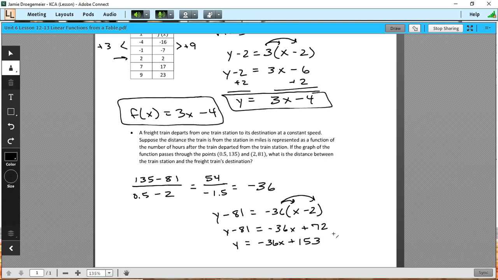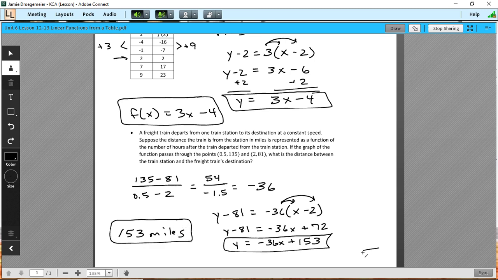And so this is the slope-intercept form, and that means that 153 is the y-intercept. So when x is 0, so when my time is 0, the distance was 153 miles. And so that means that the distance between the train station and the destination is 153 miles.